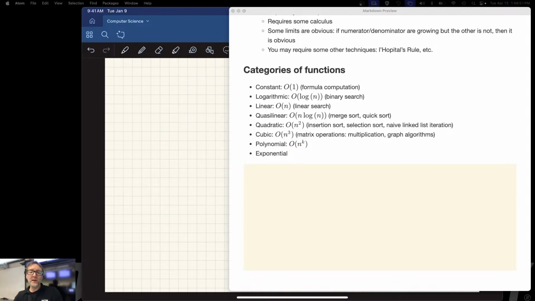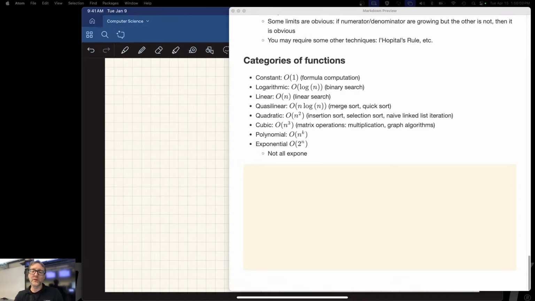Exponential, of course, would be order 2 to the n, or any k to the n. Not all exponentials are created equal. That is, I can say that 2 to the n is big O of 3 to the n. But it is not the case that 3 to the n is equal to order 2 to the n.